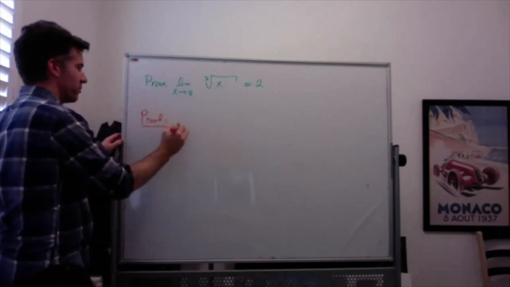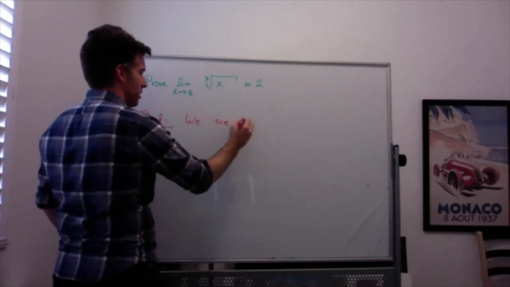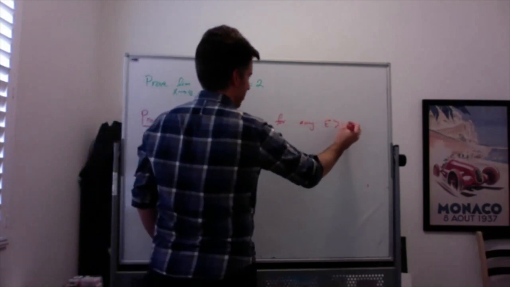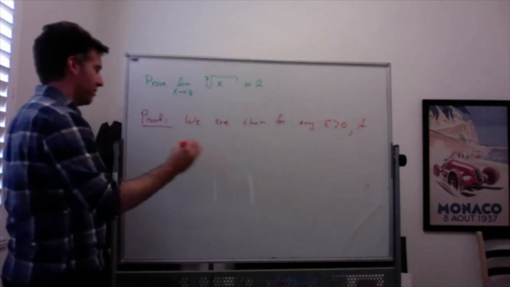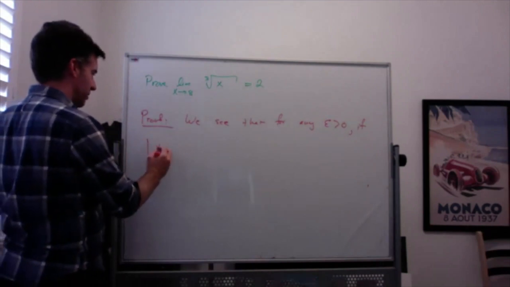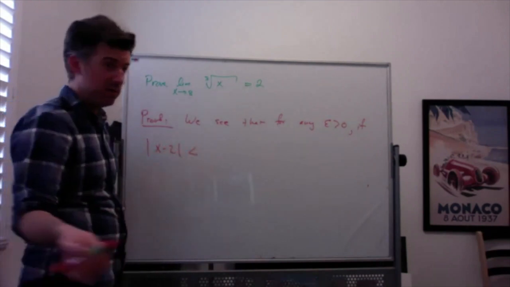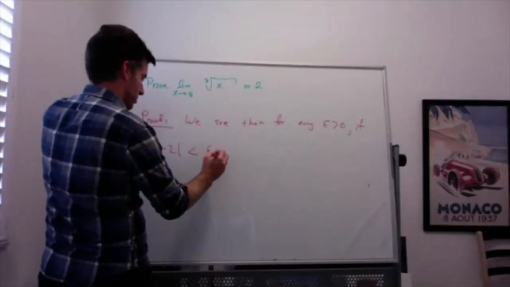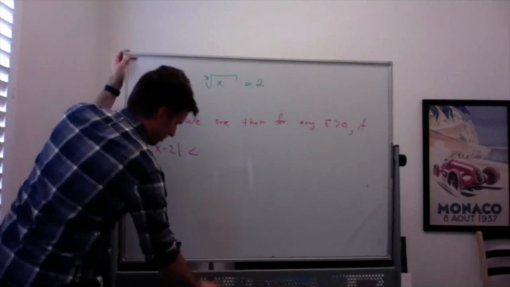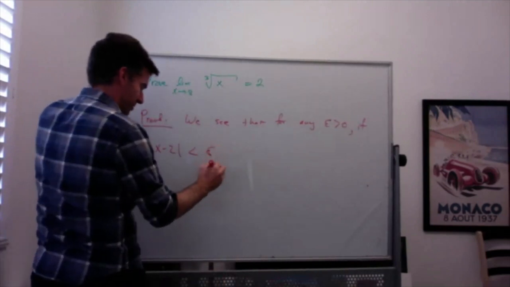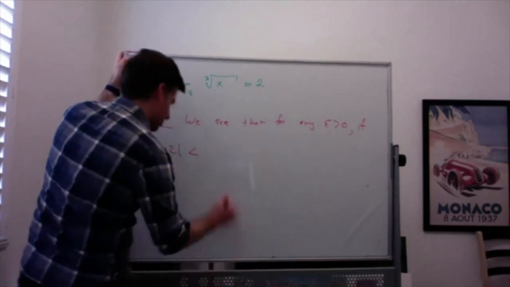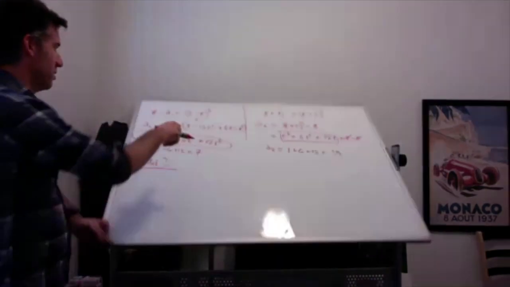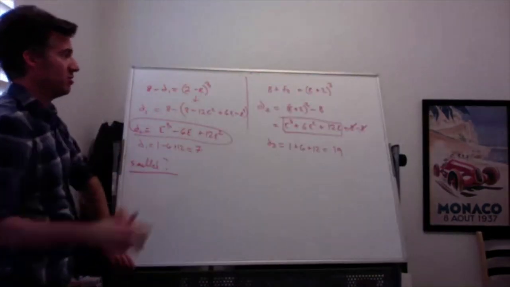So we see that for any epsilon greater than 0, if the absolute value of x minus 2 is less than our delta 1, which I'm actually going to write, which we found to be this quantity here, 8 minus 2 minus epsilon cubed.